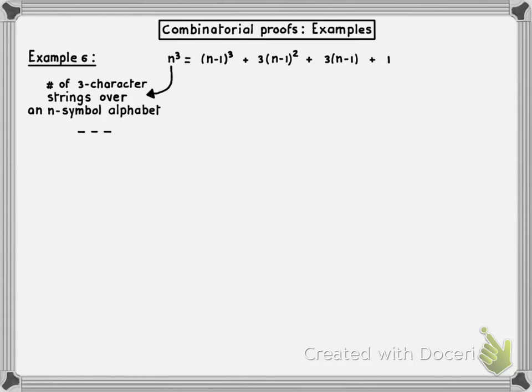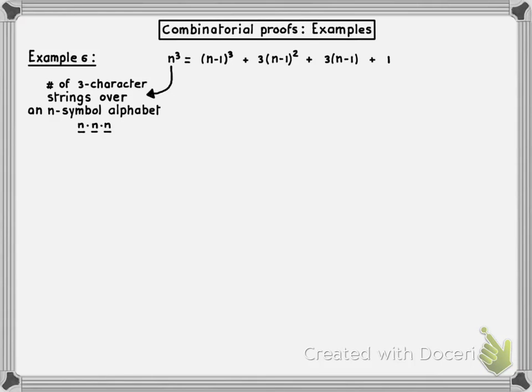Then the total number of strings of this type is equal to n times n times n. So in conclusion, we've chosen a set that is the set of all these strings whose number of elements is equal to, obviously, n cubed.